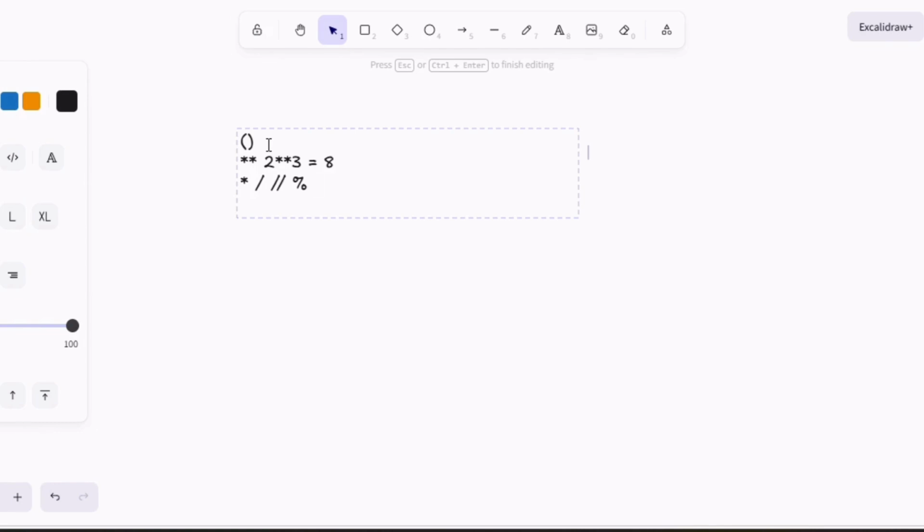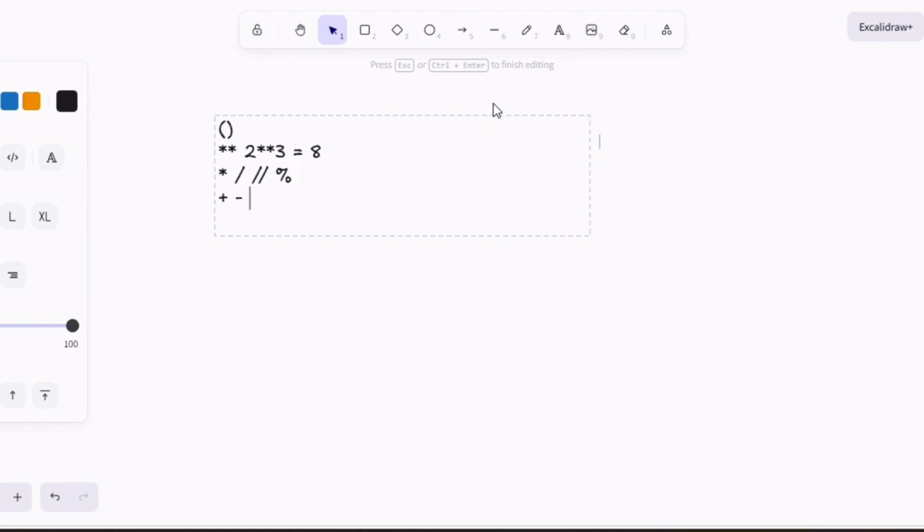Okay, so whatever operator comes first, you will solve that operator first. Next is your addition and subtraction.